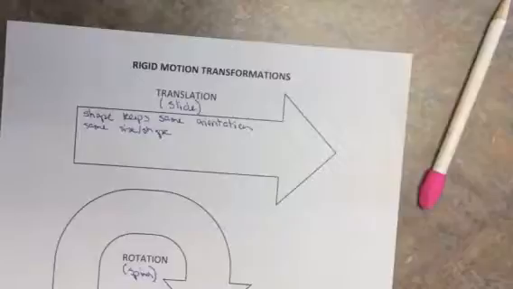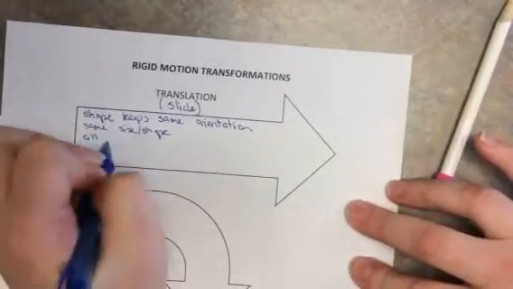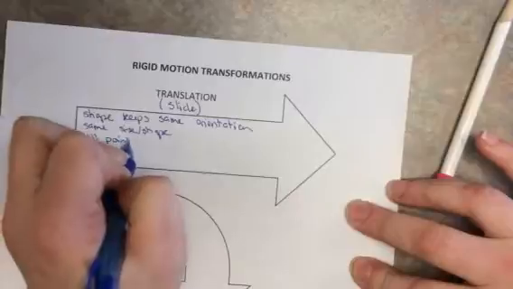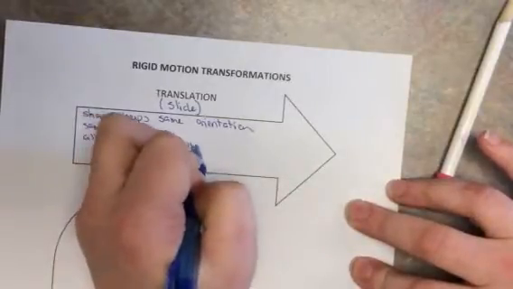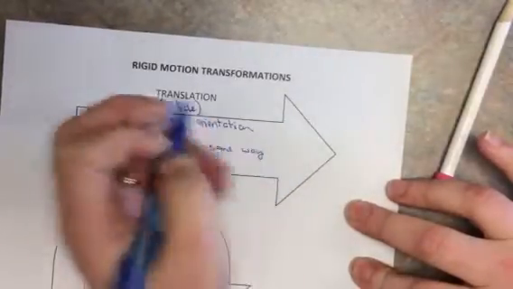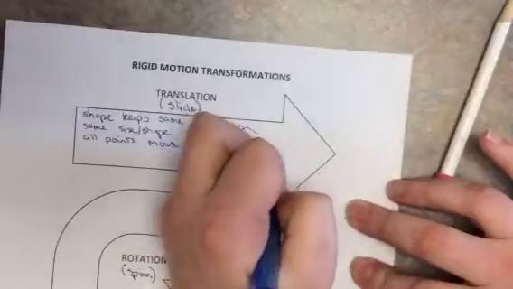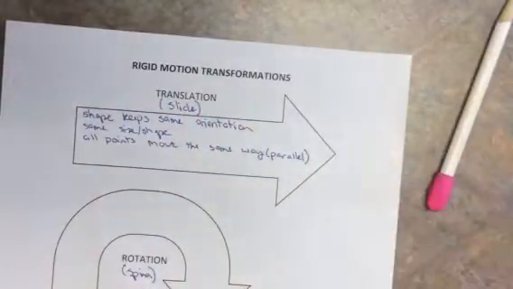Everything should be sliding the same direction, so those slide lines should be parallel, and that was something that was mentioned yesterday. So all points move the same way, which means they're going to be moving parallel. That gives us some good ideas for translation, right?